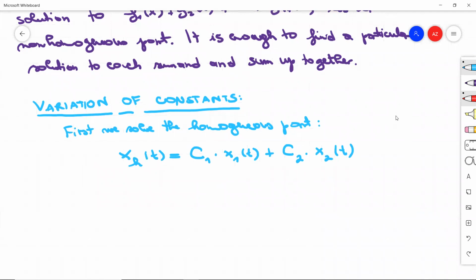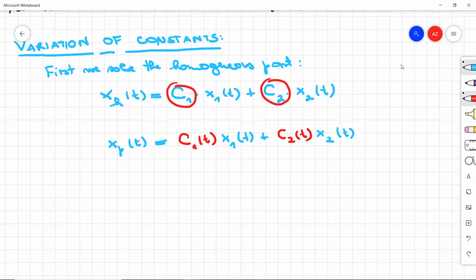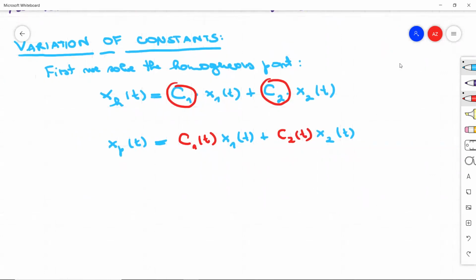For the particular solution, we just replace those two constants by functions. So we have here C1 of t and C2 of t, and x1(t) and x2(t) remain where they are. And now we try to plug this into our differential equation.